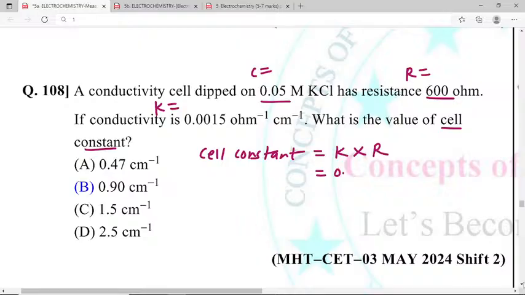Conductivity 0.0015 multiplied by resistance 600. Shift the point, so this is 0.15 multiplied by 6. So this answer should be 0.9.